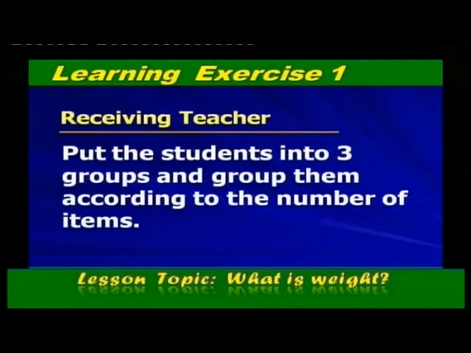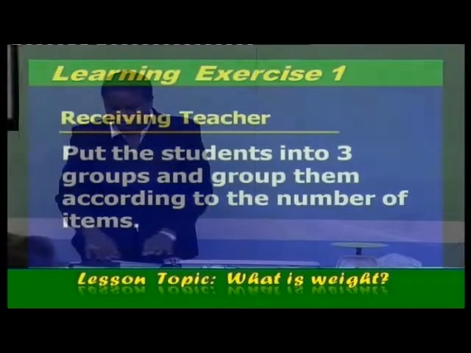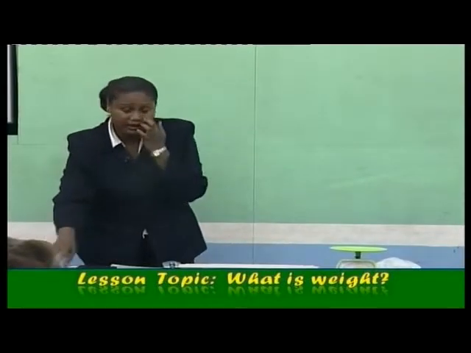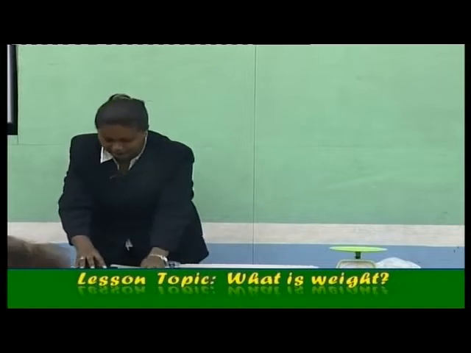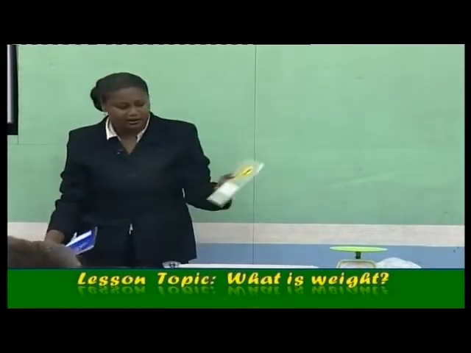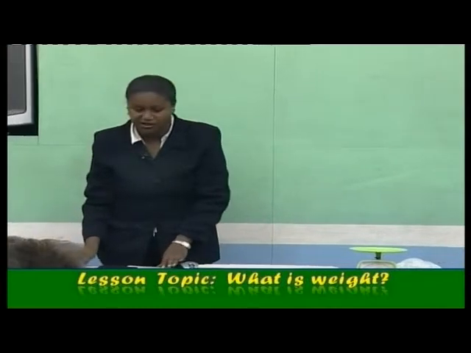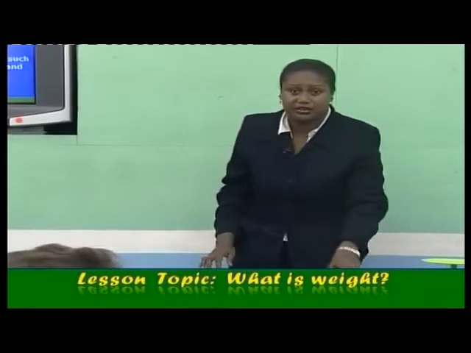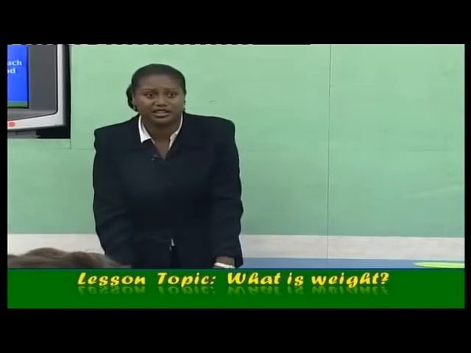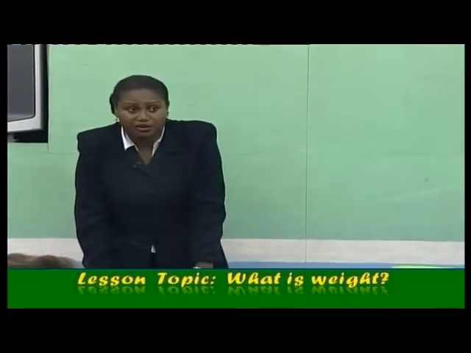Now, receiving teacher, I'd like you to place your items at the front and group the students into 3 big groups. Otherwise, you can group them according to the items, 6 groups. So we have a pocket Bible, a medium-sized Bible, a 32-page exercise book, and a 45-page exercise book. Distribute these items and form 3 big groups.